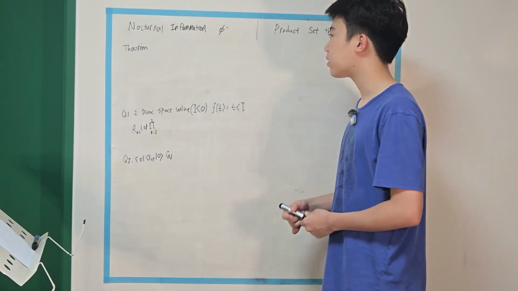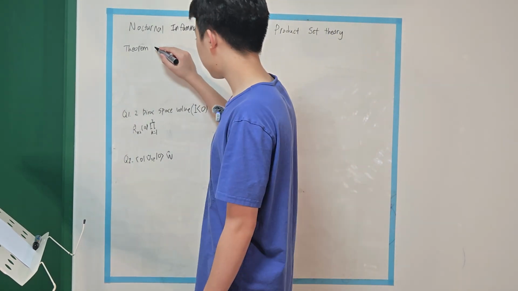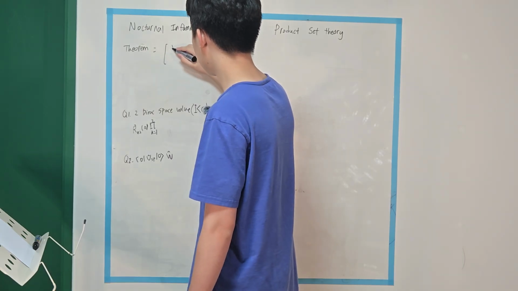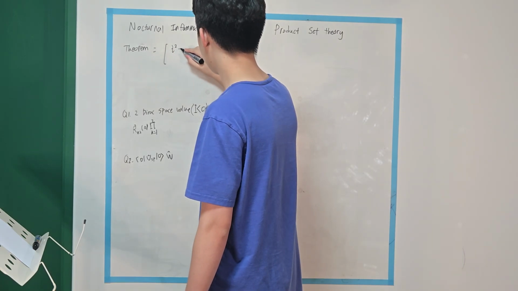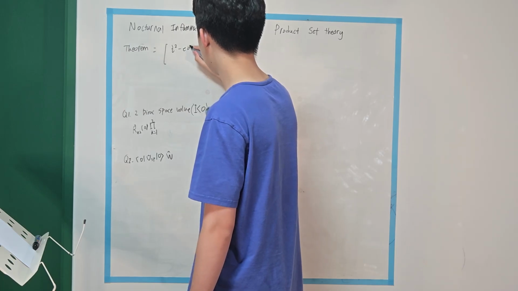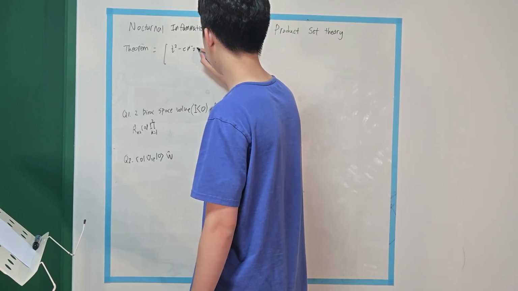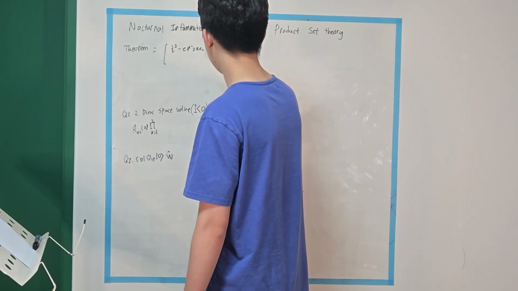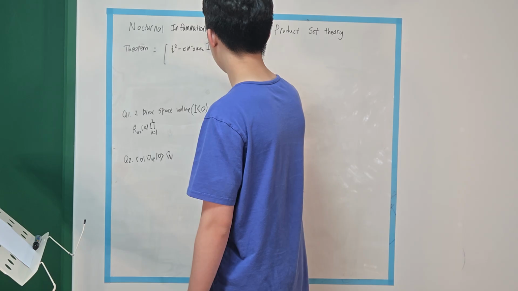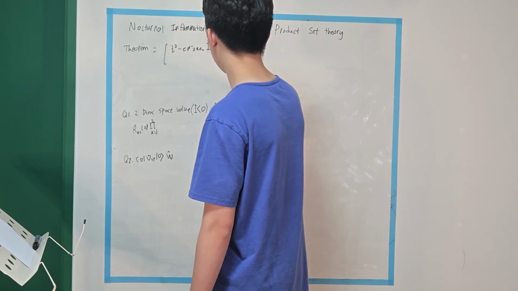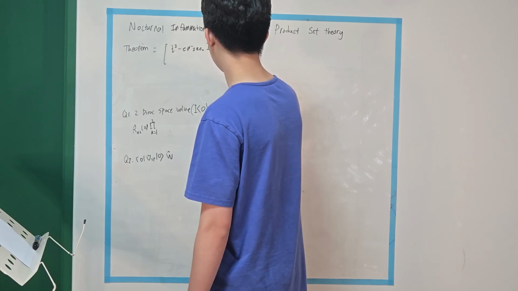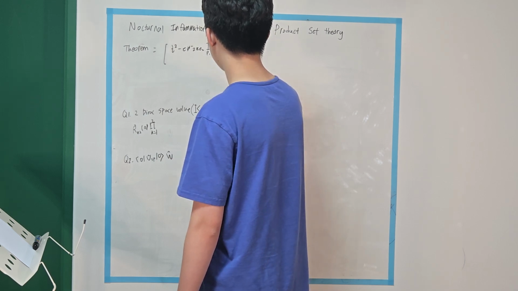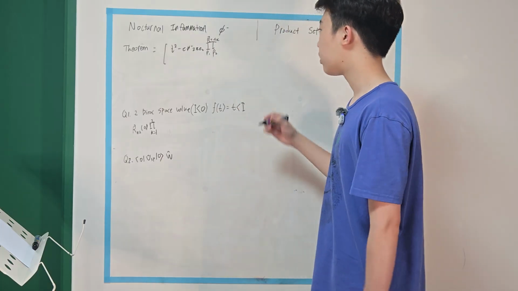I'm going to talk about the theorem. The theorem is P1, P2 is the value where the graph is shown.